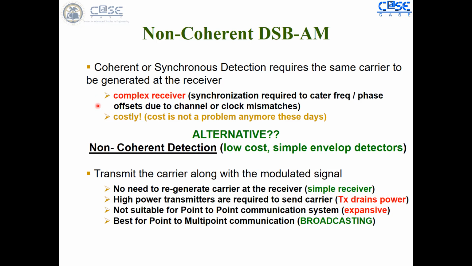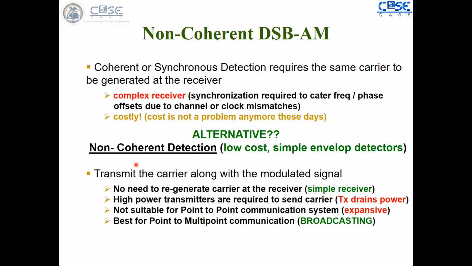So let's talk about non-coherent detection. There are some limitations attached to non-coherent detection, and where the non-coherent detection scheme can be applied, for which scenario and for what applications. I have summarized it in the slide, and soon you will be able to understand these points.